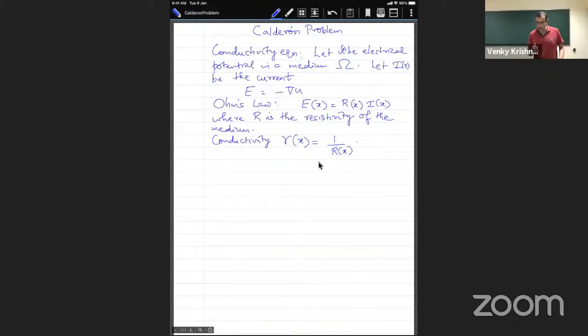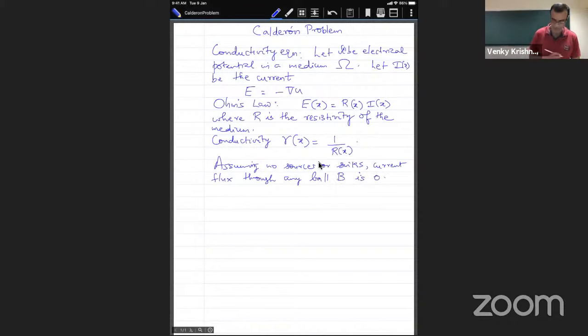Now, assuming that there are no sources or sinks, what it means is that the current flux through any ball B is 0.